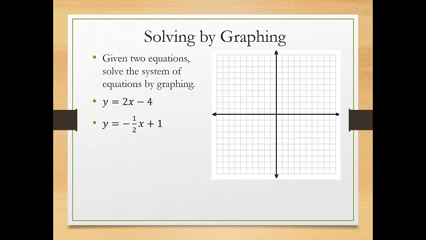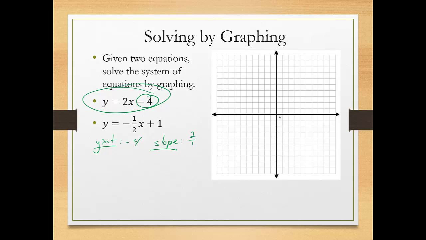Last slide, solving by graphing. Given two equations, solve the system of equations by graphing. So again, let's go ahead and graph these two lines. Let's graph the first one in green. Let's find our y-intercept first. The y-intercept will be -4, and then our slope will be 2 over 1.